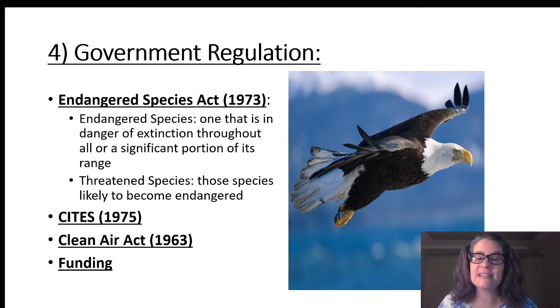This occurred in 1973 and 1975. CITES, the Convention on the International Trade of Endangered Species, is the international counterpart. It does something similar to the Endangered Species Act, but in a global or international space, protecting species from being illegally traded and transported across international boundaries.